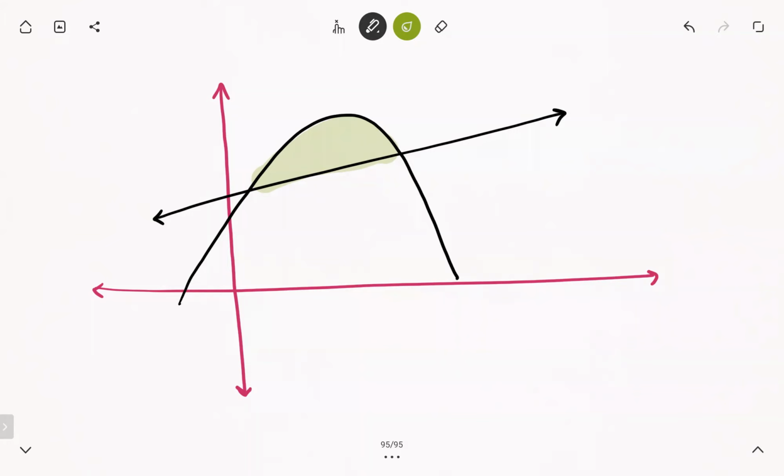No issue here. Now the question is, if this shaded region is rotated 360 degree about the x-axis, find the volume generated by that shaded region. How will you do that?